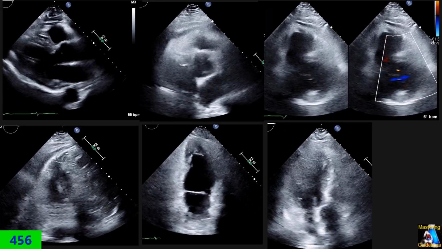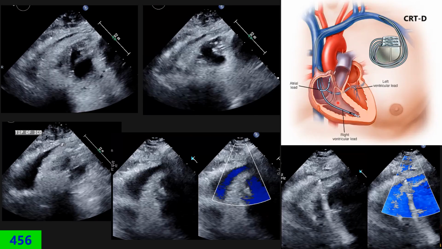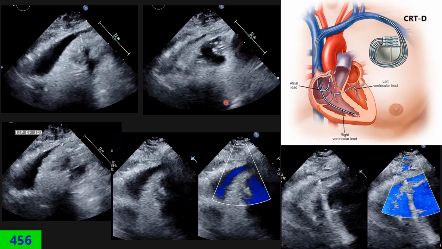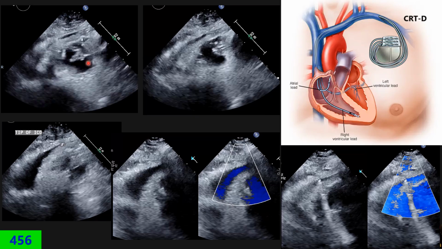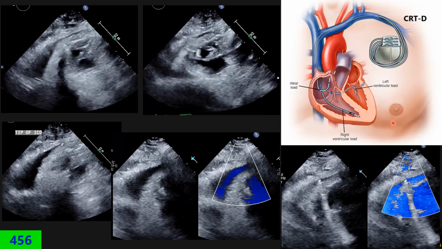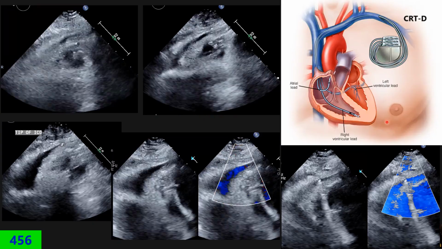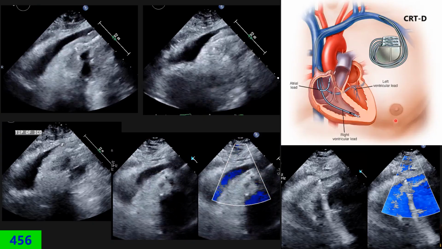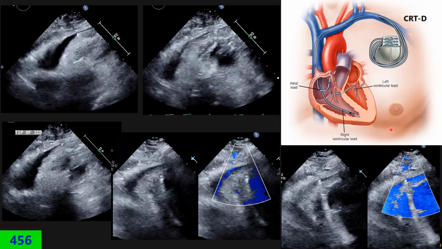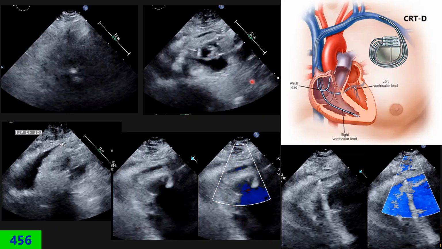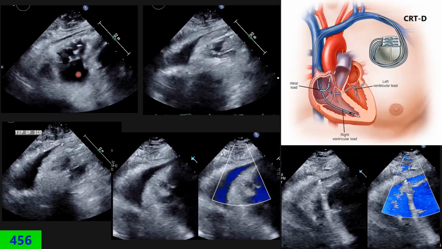How? Let's go there. When we find the wire, if we saw it in the apical four-chamber or RV-focused view, or medial, we have to fan up and down and follow the lead.